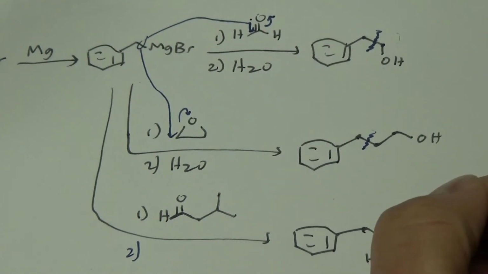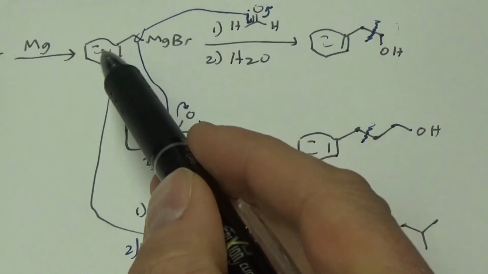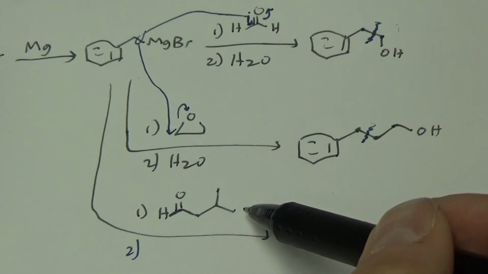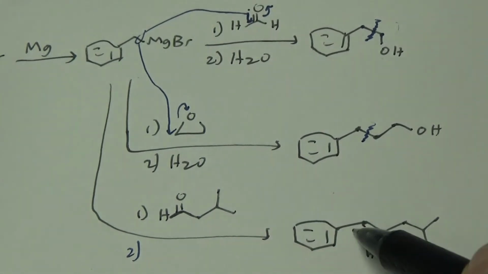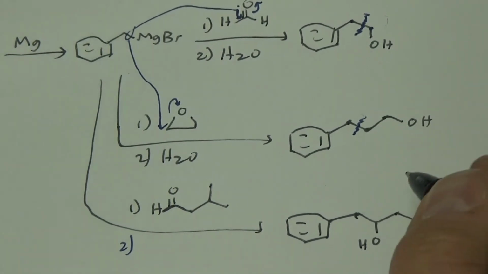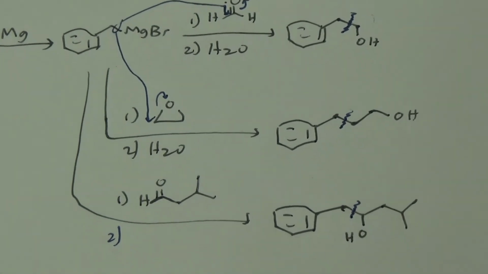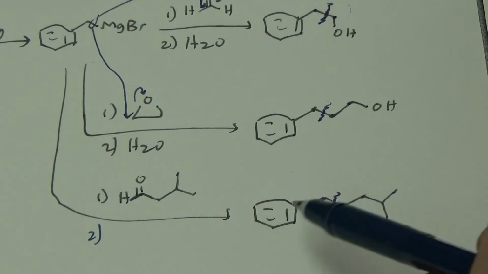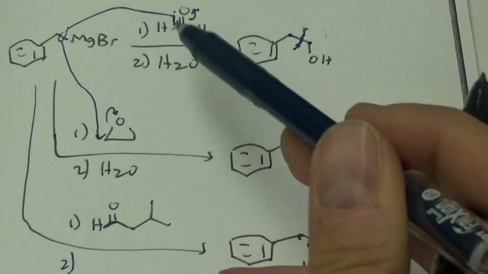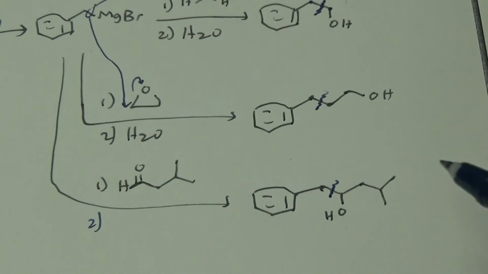It gets a little congested here. CH2. Okay, let's do our math. 7 plus 1, 2, 3, 4, 5. 7 plus 5 should be 12, right? Let's see if we did it right. 6, 7, 8, 9, 10, 11, 12. Good. Where's my squiggly line? It's right there, right? There's my squiggly line. And again, like I said, when a Grignard attacks an aldehyde or a ketone, or formaldehyde, look at where the OH is relative to where the squiggly line is, right? Alright, water.